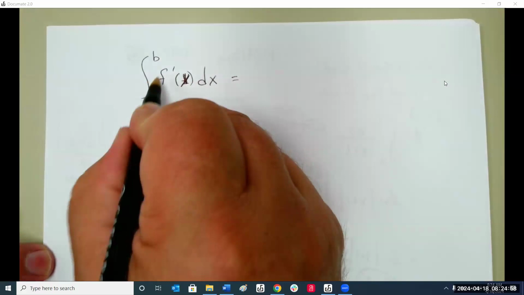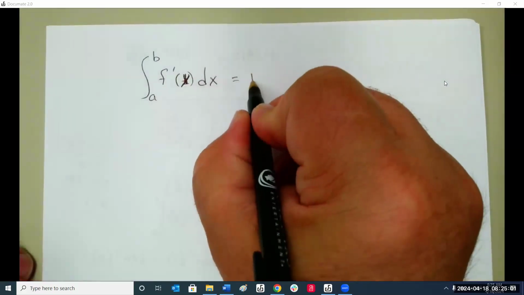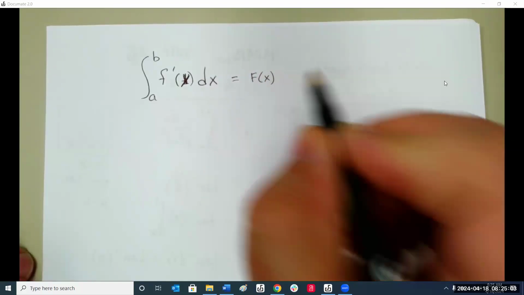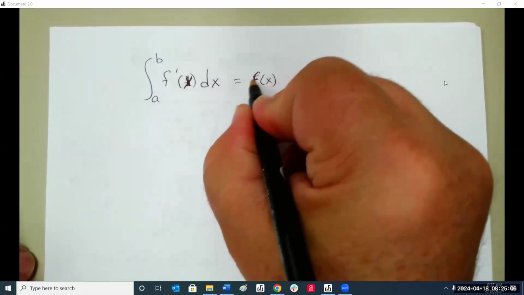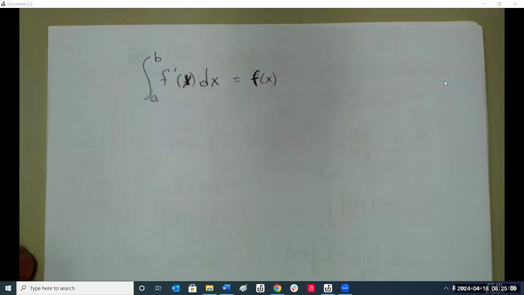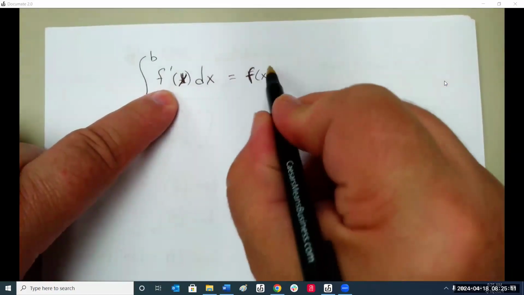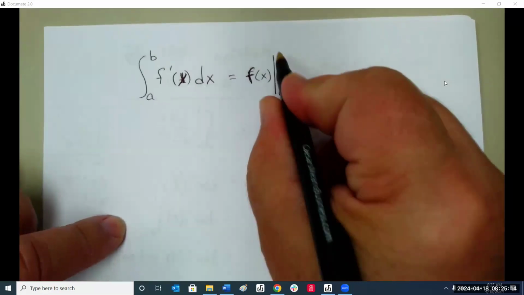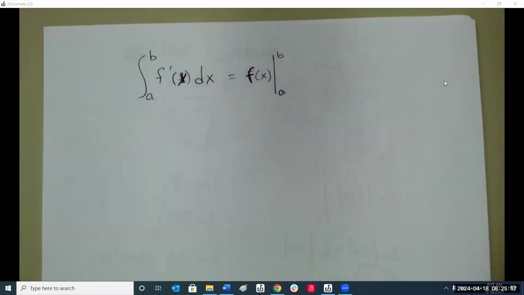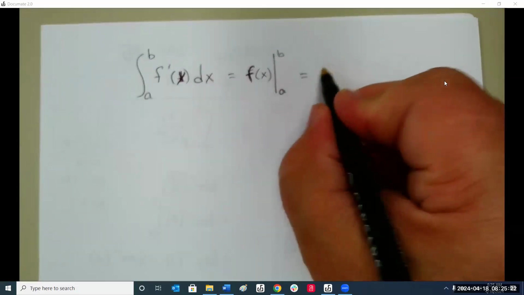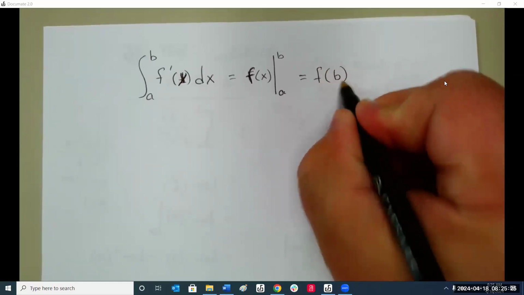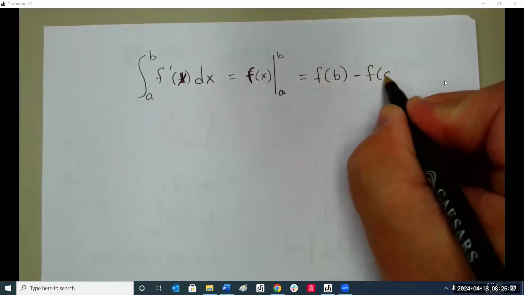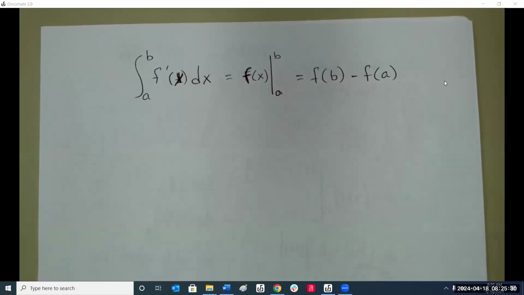When we take the integral of this, we get back to the original function, or we just say little f if you want to keep it in the same terms. But once we took the integral of the function, we still have to look at what our bounded limits are, our closed interval. So we take the top minus the bottom. This is the second fundamental theorem of calculus. This is part 2 of it.